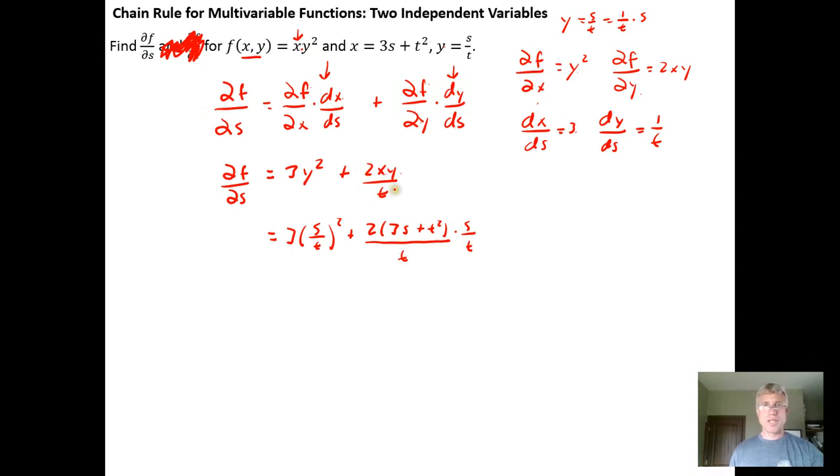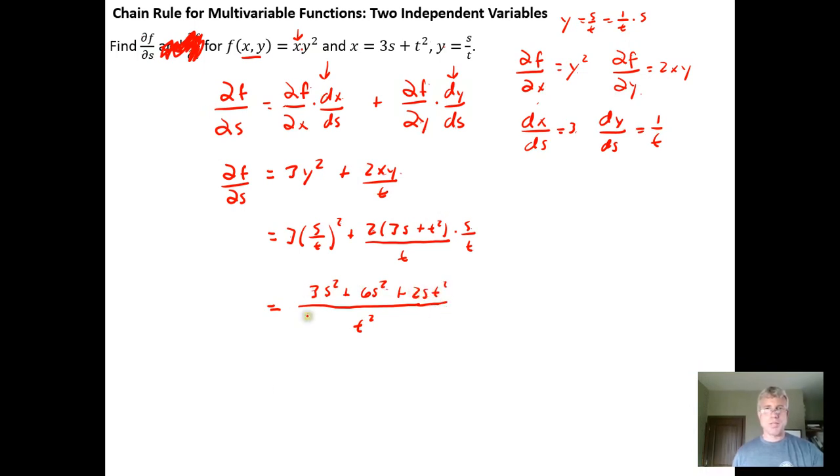so there's 2xy all over t. And when I'm looking at this right now, it looks like I have a t squared in the denominator here, and a t times t is t squared in the denominator. So I have a common denominator of t squared, which means I can put the other stuff in the numerator position. So 3 times s squared is 3s squared, plus I have 2 times s times 3s is 6s squared, plus I have 2 times s times t squared is 2st squared.